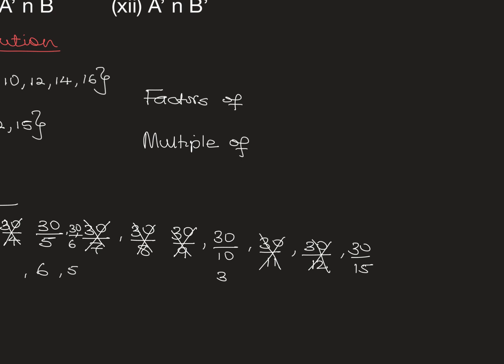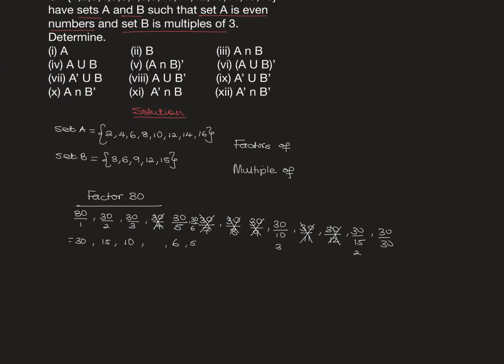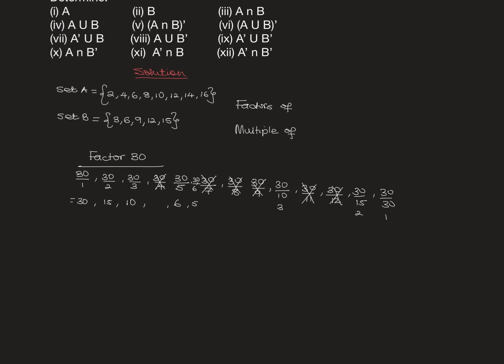But 30 divided by 15 is possible, and 30 divided by 30. So the factors of 30 are 1, 2, 3, 5, 6, 10, 15, and 30 itself. So whenever we say a factor, think about division.